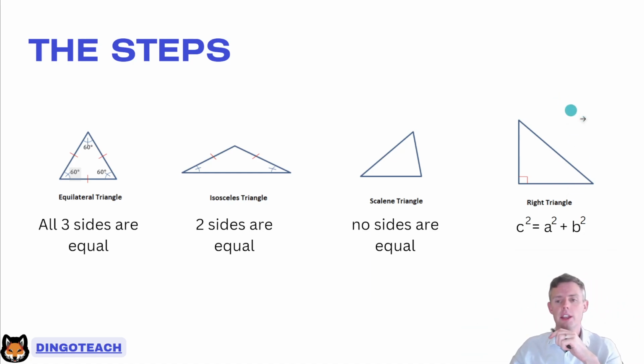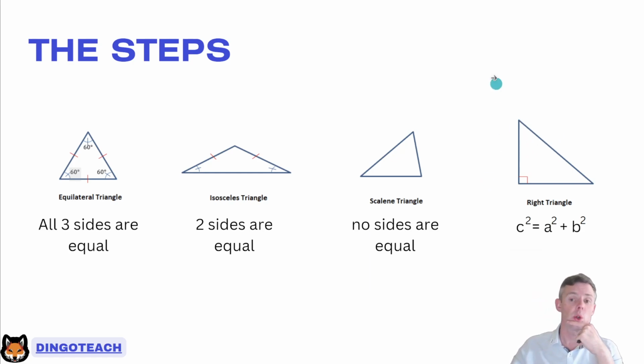Now, in reality, this one, the right-angled triangle, has to come first. And there's a couple of reasons for that. The first reason is because these sides could be equal. So it could be confused as an isosceles. If those two sides are equal, we could confuse it for an isosceles when it's actually a right-angled triangle.